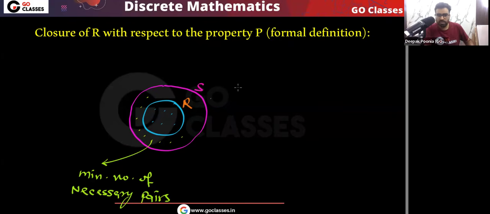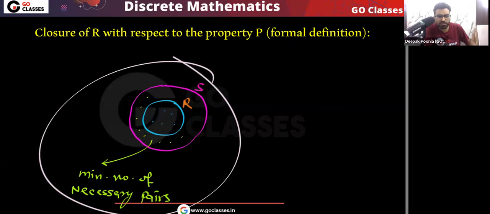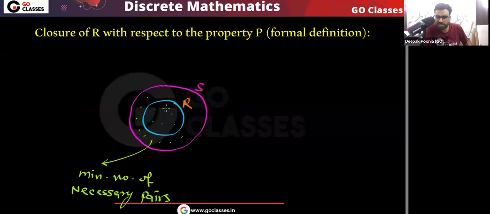So far this is perfect. We have used the previous definition. We have this relation R. If it does not satisfy property P, then to find the closure of R with respect to P, I will add the minimum number of necessary pairs and get this new relation S. This new relation S satisfies property P. That is perfect, no problem.